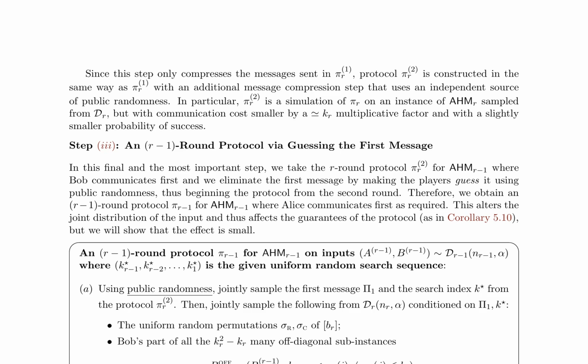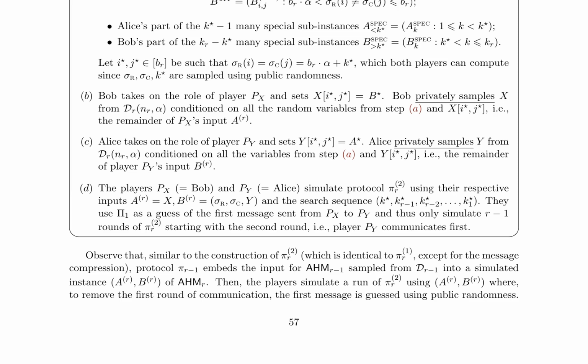B. Bob takes on the role of player PX and sets X, I star, J star equals B star. Bob privately samples X from D-R, N-R, alpha, conditioned on all the random variables from step A, and X, I star, J star, C. Alice takes on the role of player PY and sets Y, I star, J star equals A star.